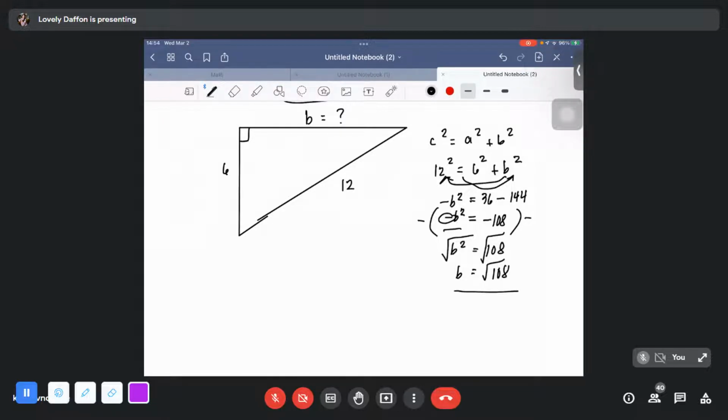Question. Can we simplify 108? Since we have an answer which is the square root of 108, it's actually a big number.